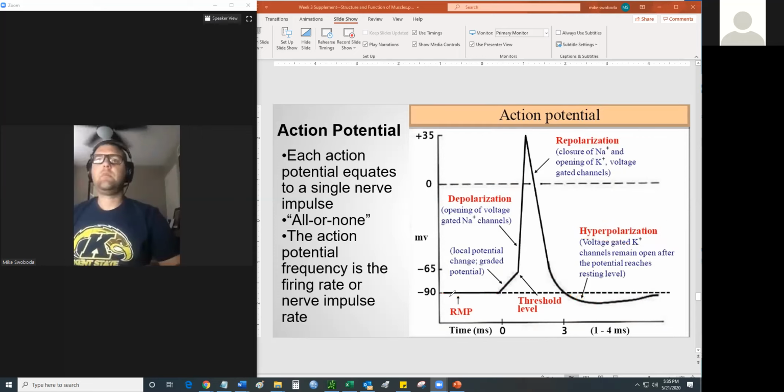So in short, you receive a stimulus. If that stimulus is enough to pass you over your threshold level, the nerve impulse occurs.